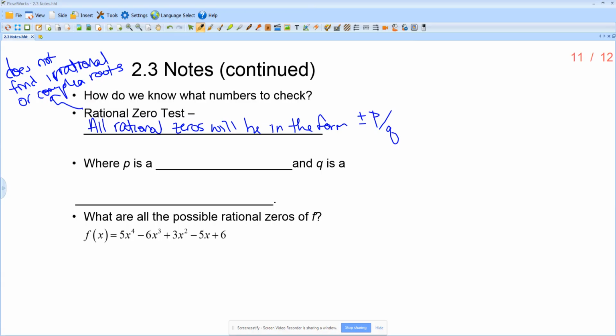So the rational zero test is going to be used for finding x-intercepts. And it's a way of testing what things I should think about trying to divide by, or what things might be zeros. Where p is a factor of the constant, and q is a factor of the leading term.